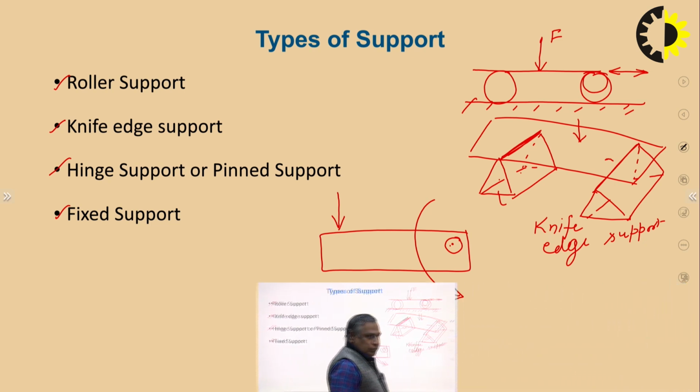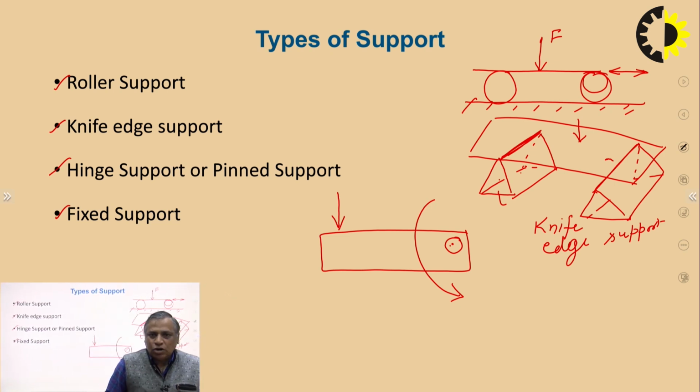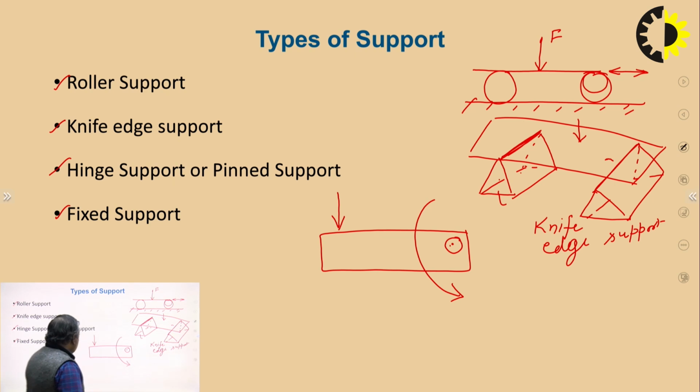Like in a door, when you open or close the door, it does not leave the door frame, but it will rotate along one edge of the frame in clockwise or anti-clockwise direction through the support. These supports are the hinge support, or pin support.